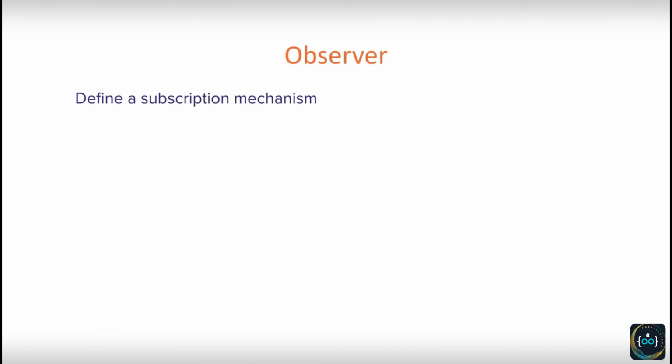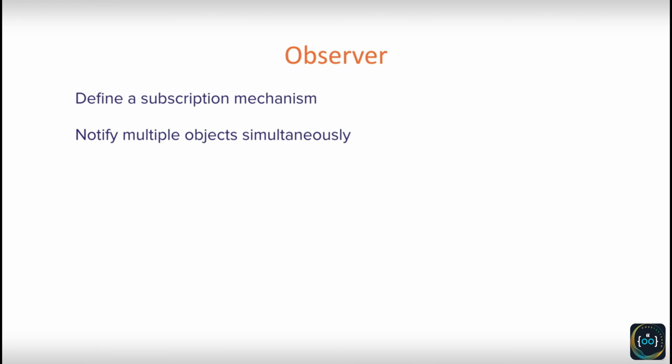So to sum up the observer pattern, it defines a subscription mechanism, similarly to how you might subscribe to a newsletter online, or you might purchase a subscription to your favorite newspaper in real life and get it delivered to your home. This is a very similar mechanism where users subscribe for events that they're interested in.